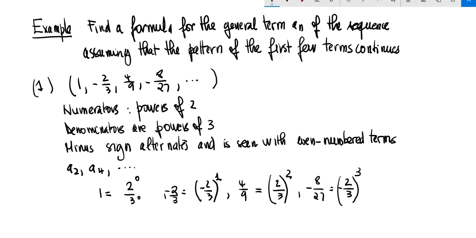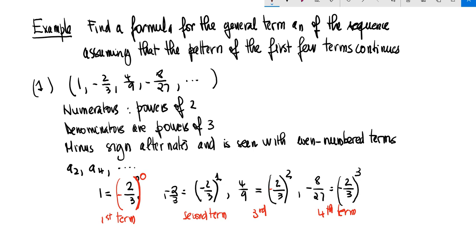Note again that this is the first term, this here is the second term, this is the third term, and this is the fourth term. Now, to alternate the signs, the way to fix this is to put a negative here and regard this as negative 2/3 power 0, this as negative 2/3 power 1, and this as negative 2/3 squared. It won't change anything because the square of a negative number is still positive, and so on.